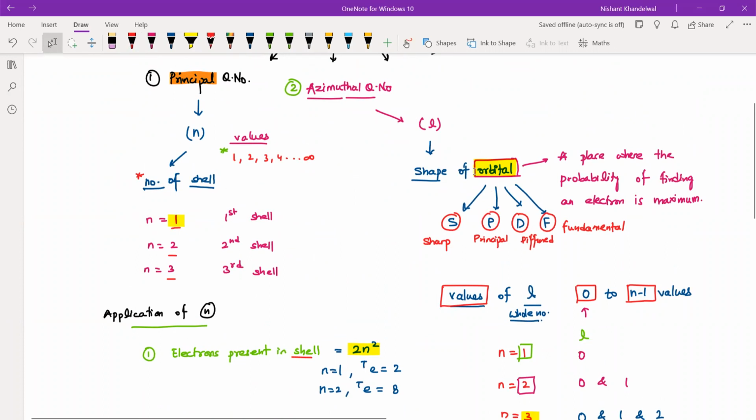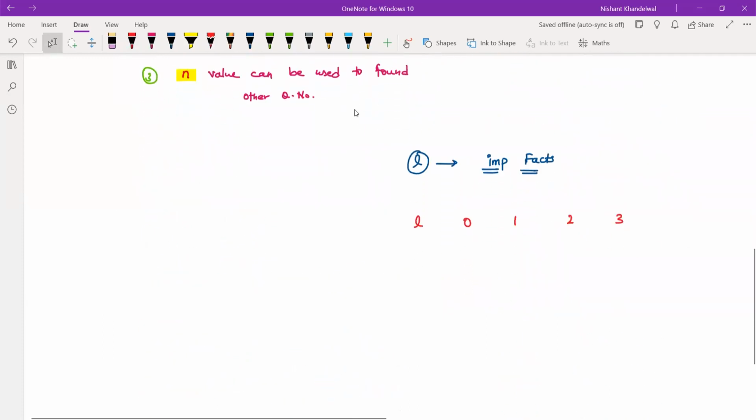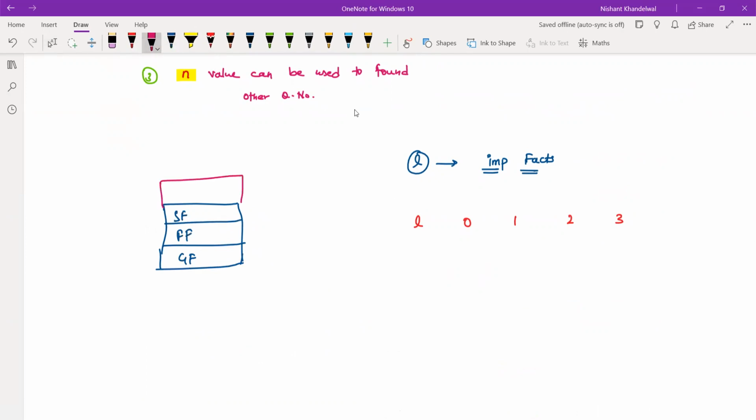If you are confused about what is shell, subshell, or orbital, suppose I see a building. Here is the ground floor, here is the first floor, the second floor, and maybe the third floor.